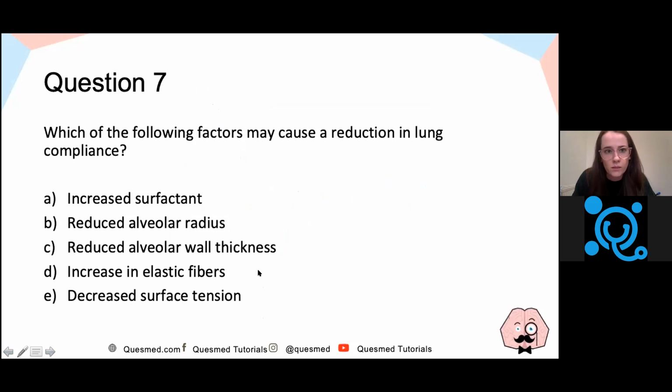So question number 7. Which of the following factors may cause a reduction in lung compliance? Is it increased surfactant, reduced alveolar radius, reduced alveolar wall thickness, increase in elastic fibers, or decreased surface tension?